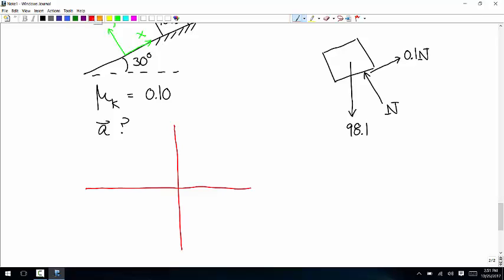And the coordinate system, the x-axis is that way, and the y-axis is that way.